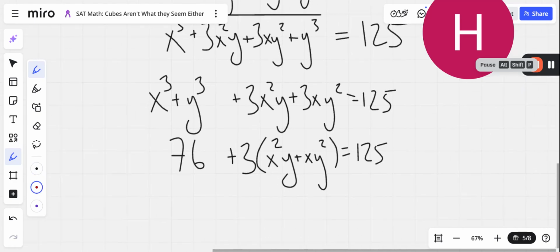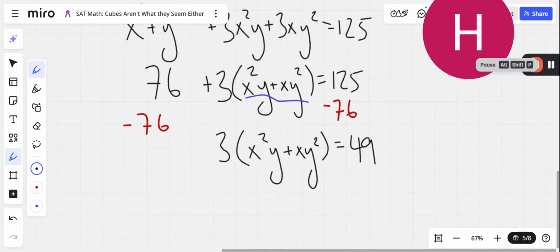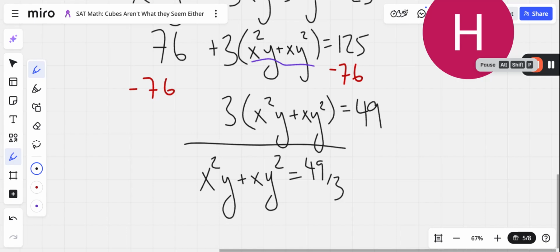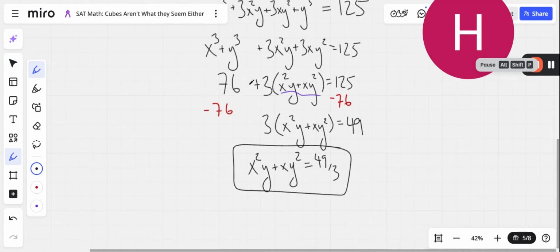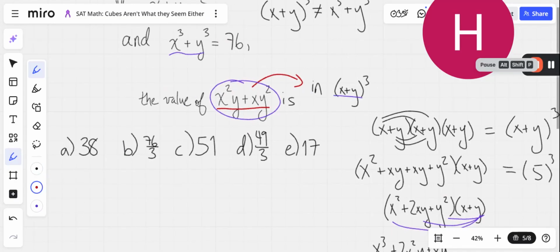Now we're getting somewhere because we can subtract this and isolate the term that we're looking for. Really, this entire expression here is the variable. So we have 3 times this quantity, which we want to know, equals 125 minus 76. That gives us 49. And so sure enough, the desired expression, x squared y plus xy squared, equals 49 over 3. And that is D, option D.